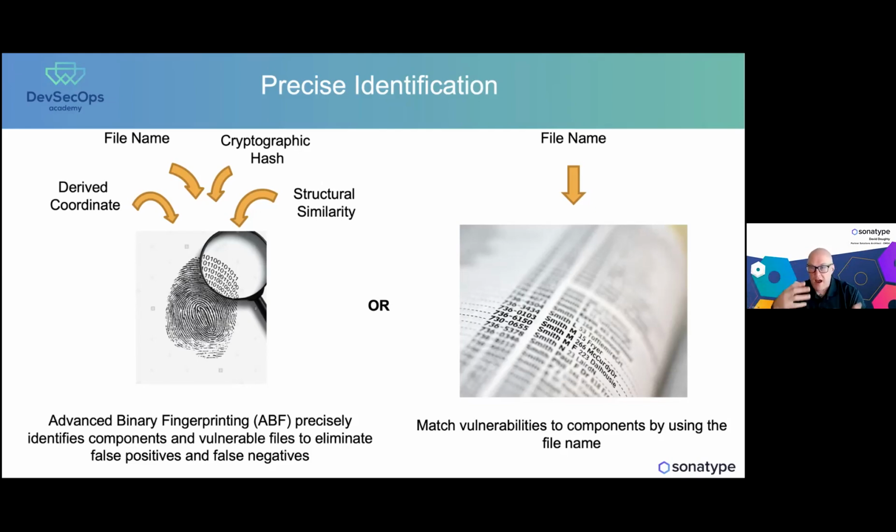So average industry stats for reviewing vulnerabilities, it takes somewhere between 4 and 8 hours. So there's a lot of time and effort that you're saving, reducing the noise by identifying which CVE is associated with which file. Less noise, less manual work, more time to do much more interesting coding, which is why we're here as developers.